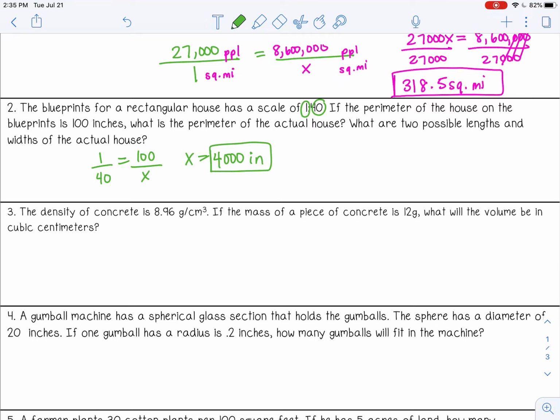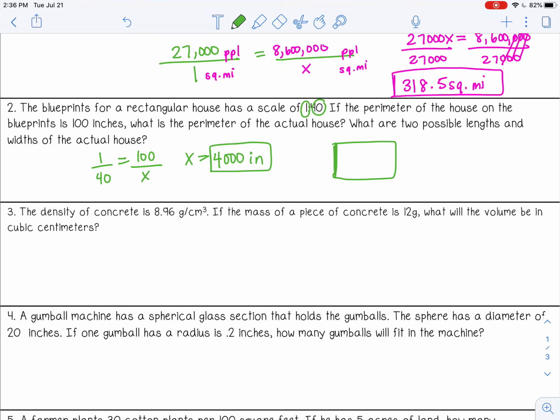All right, so two possible lengths. So basically think about a rectangular house. And we want the perimeter to add up to 4,000. So there's a couple things I could do. I'm just going to start with 100.